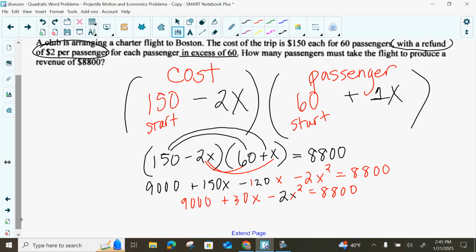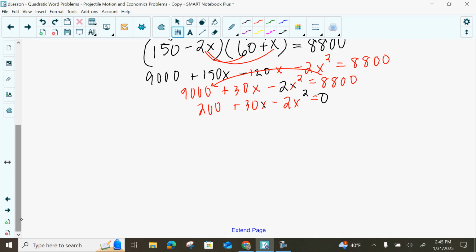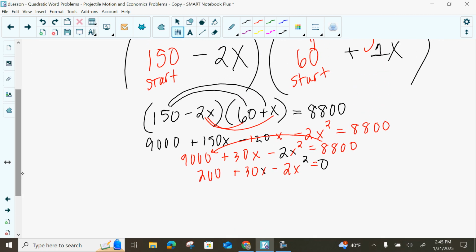So, well, I can bring the 8,800 over there, right? So if I bring the 8,800 over there, I've got 200 plus 30x minus 2x squared. All right, I don't like the way that's situated though.